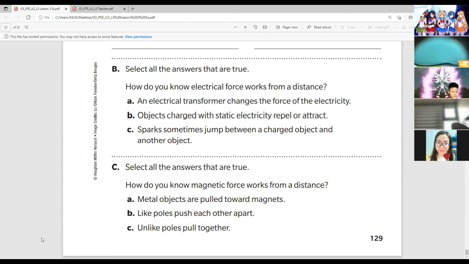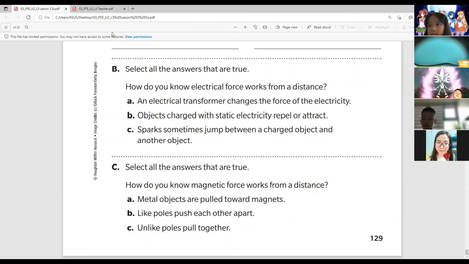What did you circle? Sparks sometimes jump between one object and another object. Yep, sparks sometimes jump. That is correct.